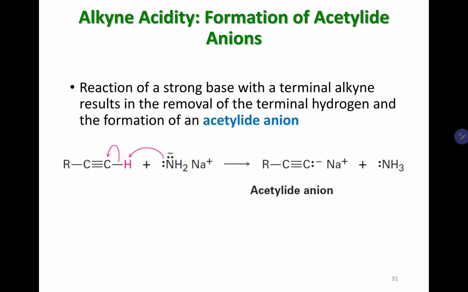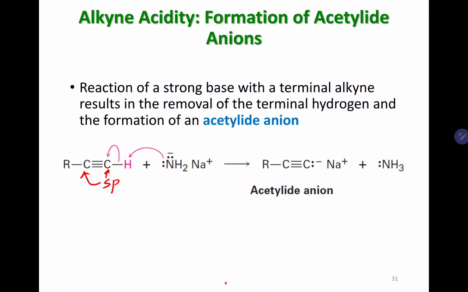If you remember the alkene and alkane lectures, you understand that it is very difficult to remove a hydrogen from sp3 or sp2 hybridized carbons, right? But in alkynes, you have an sp hybridized carbon, or in fact two sp hybridized carbons.